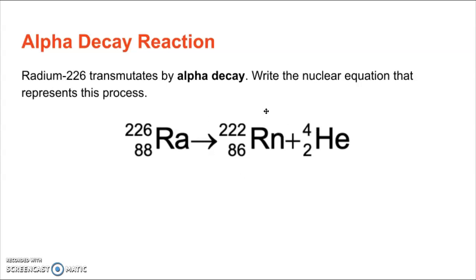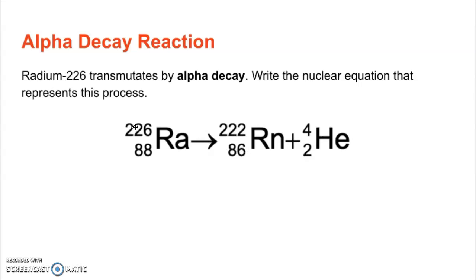If I was asking you to solve for this unknown, this is where the law of conservation of mass comes into play. If I had 88 protons on this side, I know I have to have 2 on this side. I have to make sure that both sides have a total of 88, which means that if I have 2 here, my number here has to be 86.